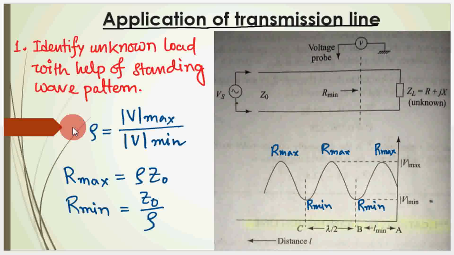This is Vmax, Vmin, the VSWR, and from that you can calculate the Rmax, Rmin, right? So these are the locations of Rmax, where the voltage is maximum, R is maximum, or the voltage minimum, where R is minimum, or the impedance is minimum, and it is real here because our assumption is that the line is lossless. And by applying the impedance transformation relationship, you can calculate the specific load impedance with this length L minimum.